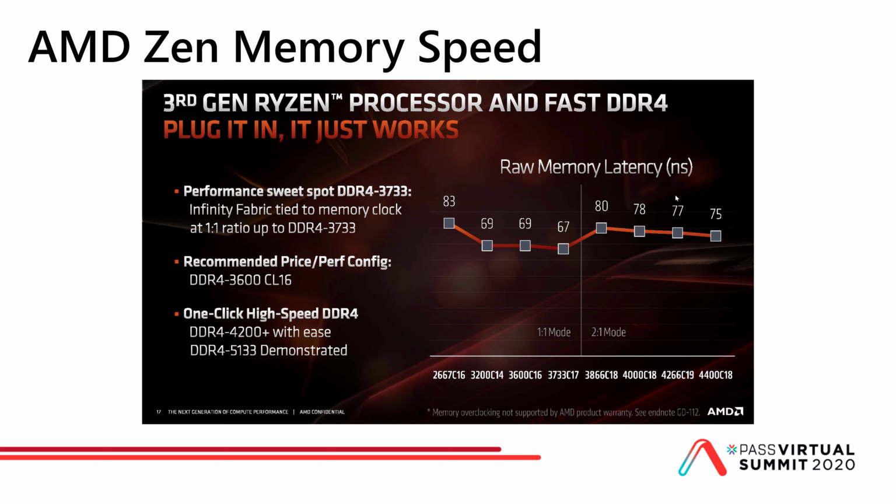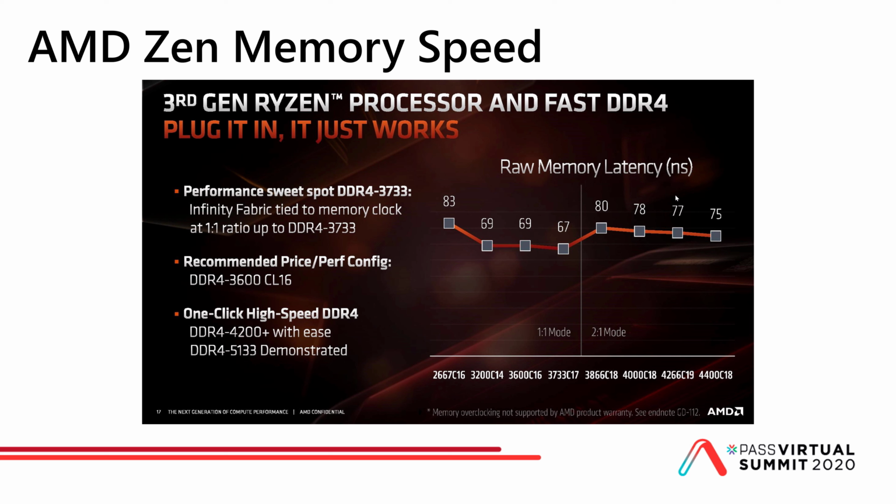It's going to be extremely expensive, and you're really not going to see much performance benefit, and you're actually going to take a hit in many cases, because with Zen 2 AMD processors, once you go above about 3733, what happens is the Infinity Fabric speed gets cut in half. So instead of going the same speed as the RAM, it runs at half speed.